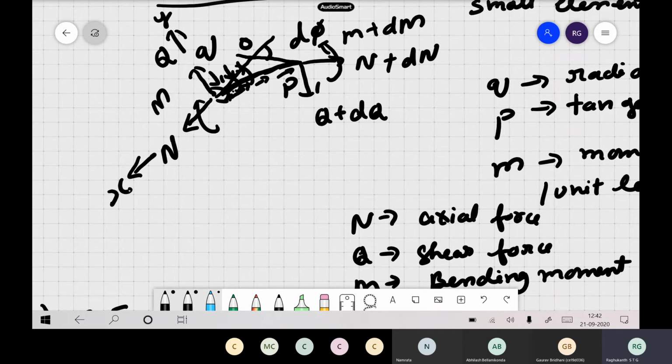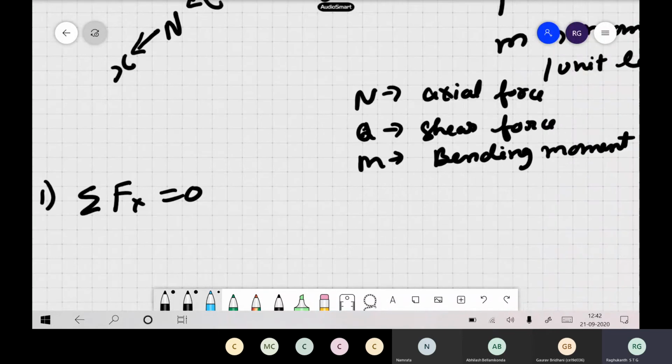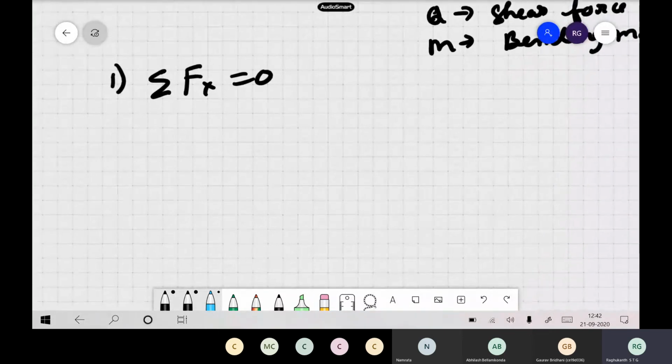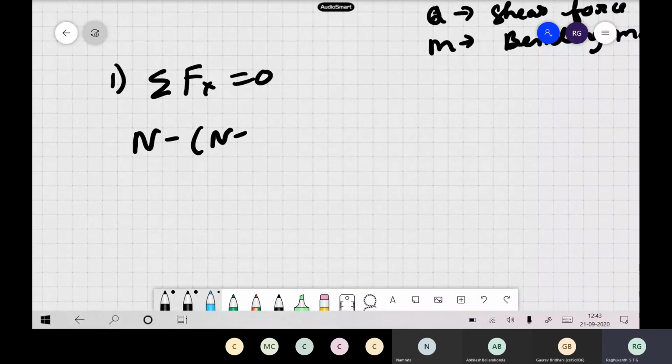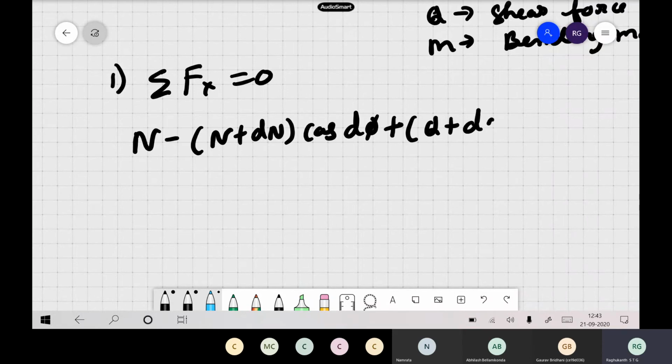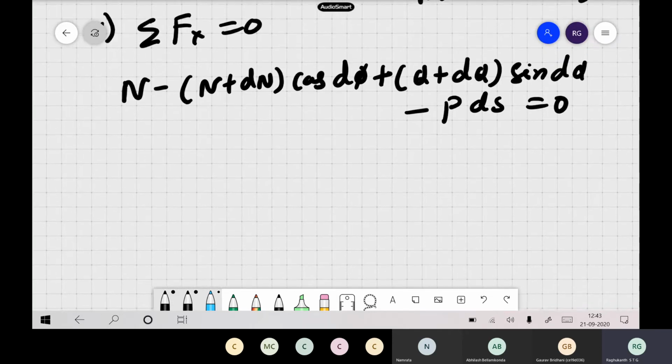Q will not have any component in the x direction, but Q plus dQ, because of this angle d phi, will have a component in the x direction, and you will have this tangential load in this direction also. So if you calculate, this becomes minus N plus N plus dN into cos d phi, plus Q plus dQ into sine d phi, minus P times ds, equal to 0, where P is your tangential load itself.